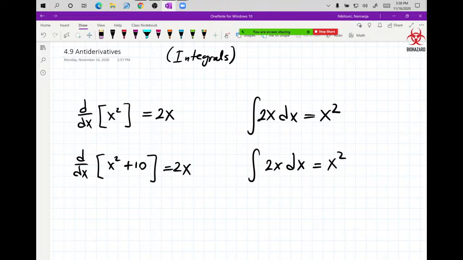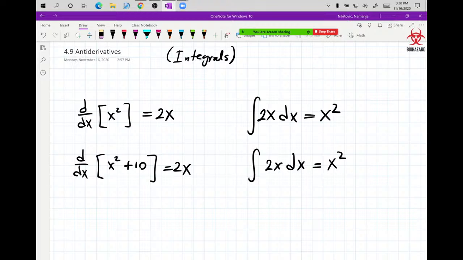The problem is that derivatives destroy information about constants, because there is no change in 10. When you try to measure the change in a constant 10, the change is 0. But if you try to measure change in -7 or any other number, it will also be 0.